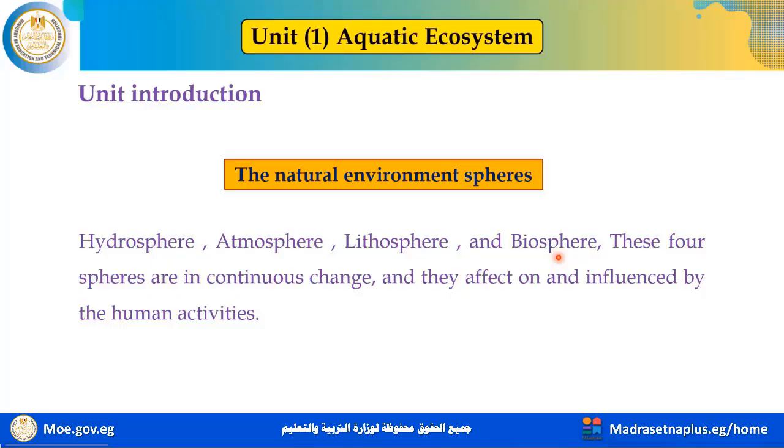Yes, excellent. I hear somebody told me it is related to living organisms. Yes, good. All of the living organisms on earth are called the biosphere. Okay? And actually, we're going to talk about the four spheres in more detail in the next part. Okay, so let's go.